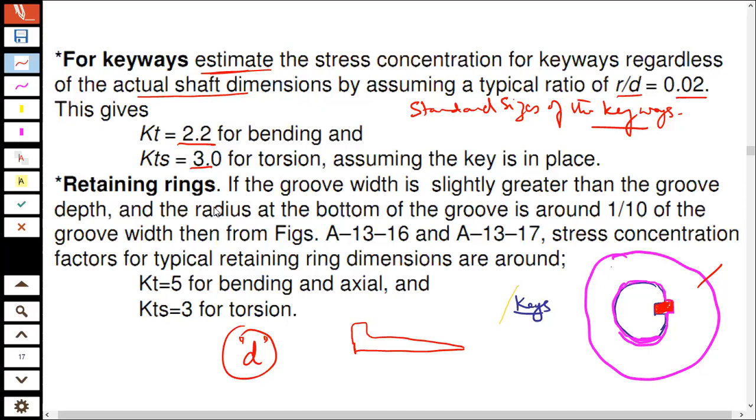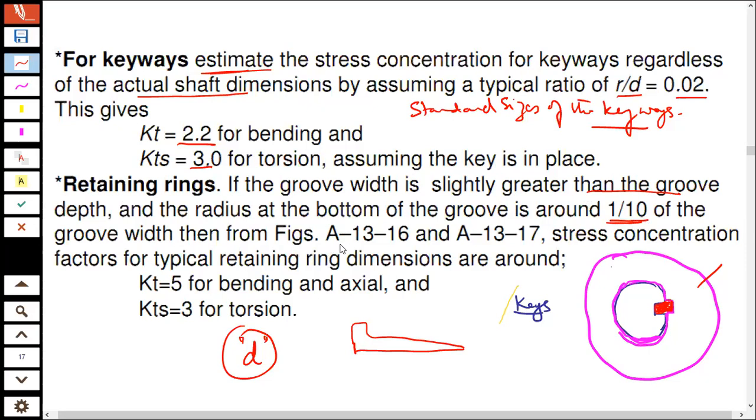Now, retaining rings, we can also use again standard sizes. If the groove width is slightly greater than the groove depth, the radius of the bottom of the groove is around 1/10. These are standards of the groove width.